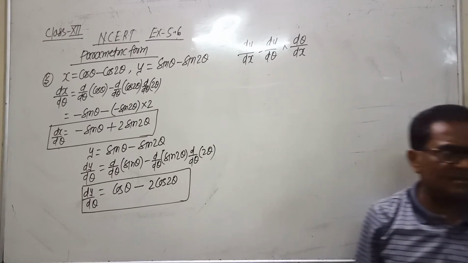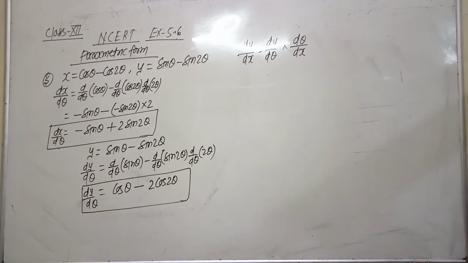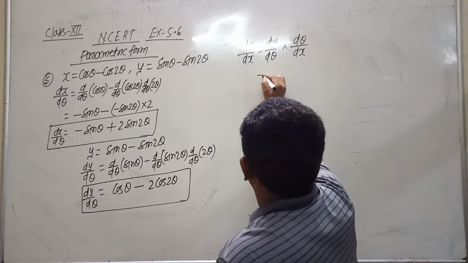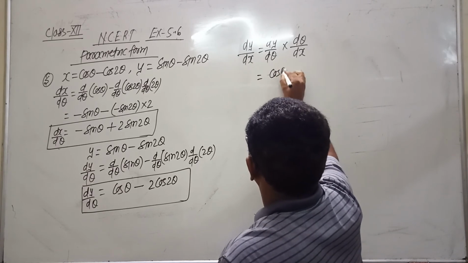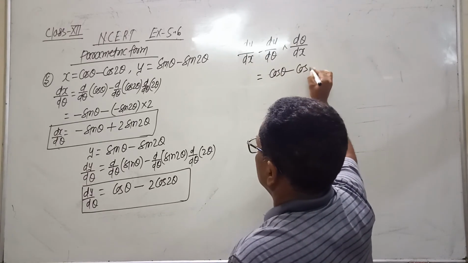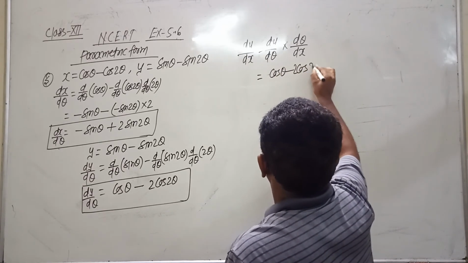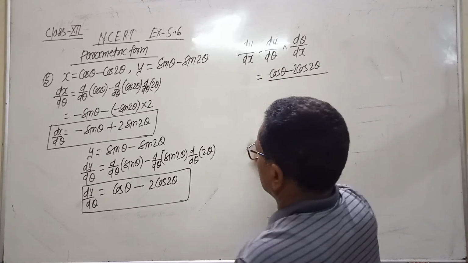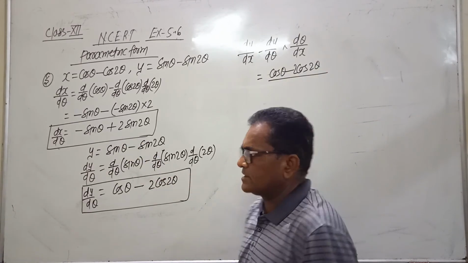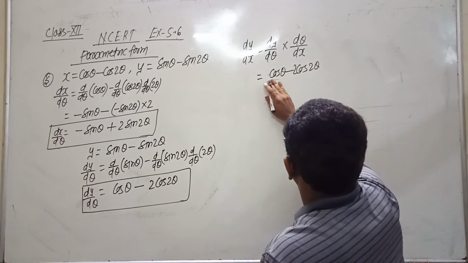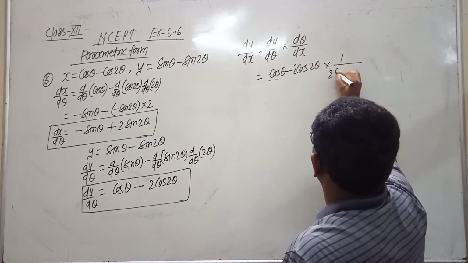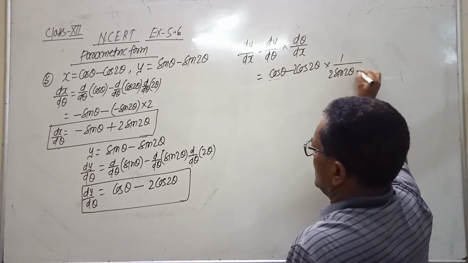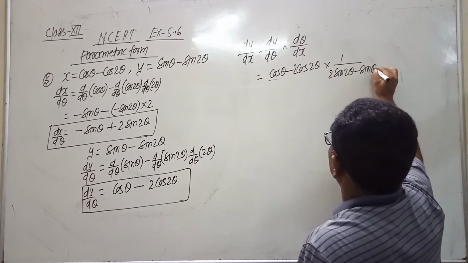The value of dy by d theta is cos theta minus 2 cos 2 theta, and the value of d theta by dx becomes 1 by 2 sin 2 theta and minus sin theta.